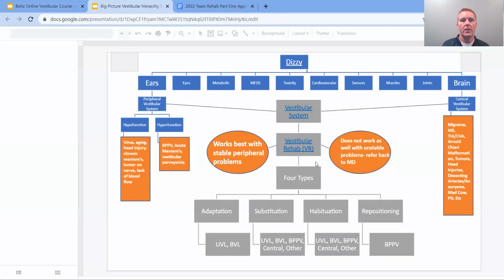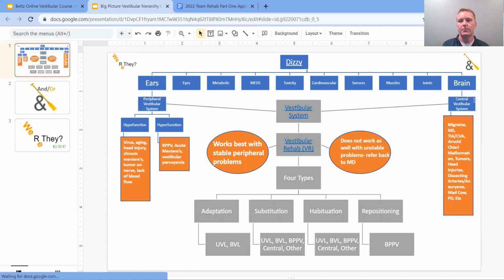If you will, imagine having a patient and they're sitting in your waiting room. We're going to look at this from an outpatient perspective, but if you are an inpatient therapist or a hospital-based or home care therapist, wherever you're located, this is an approach that you can use to help your patient with dizziness.